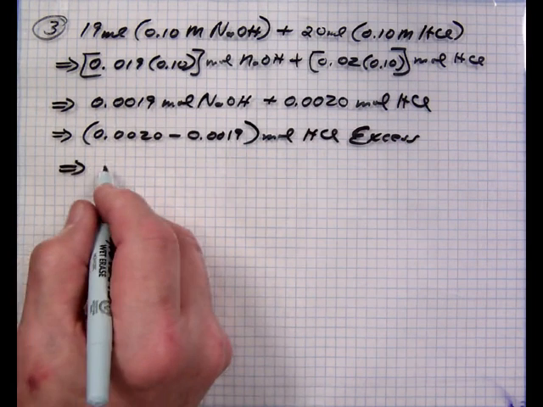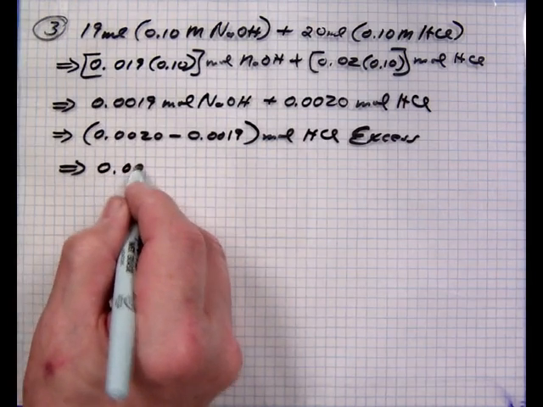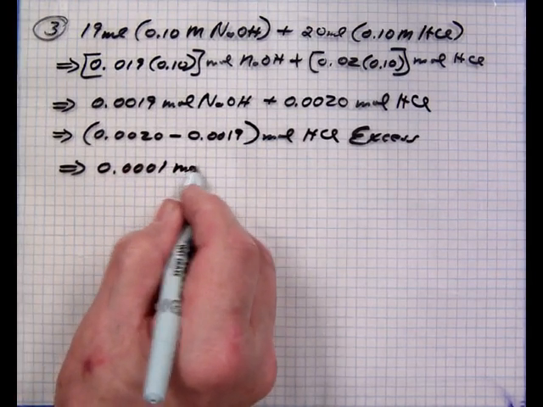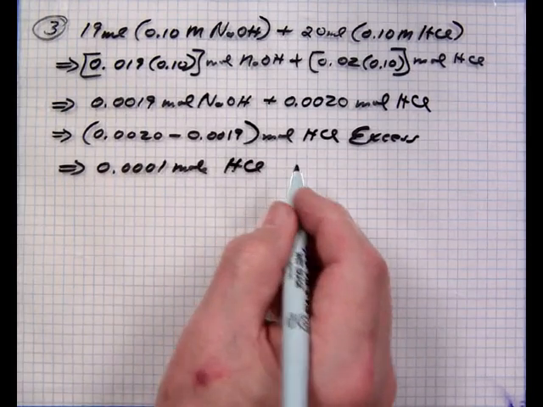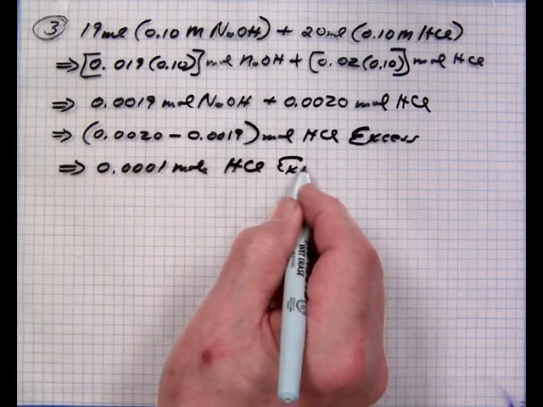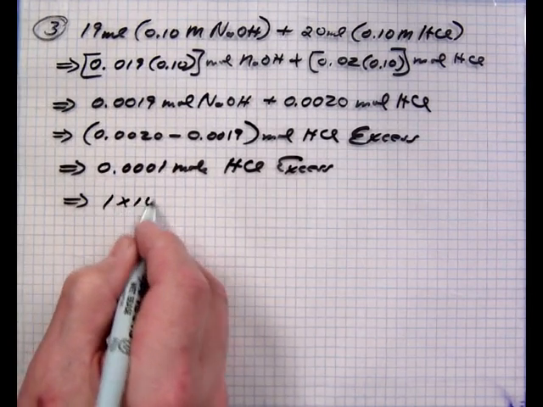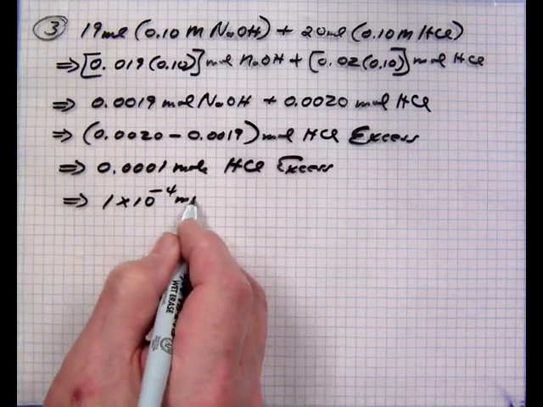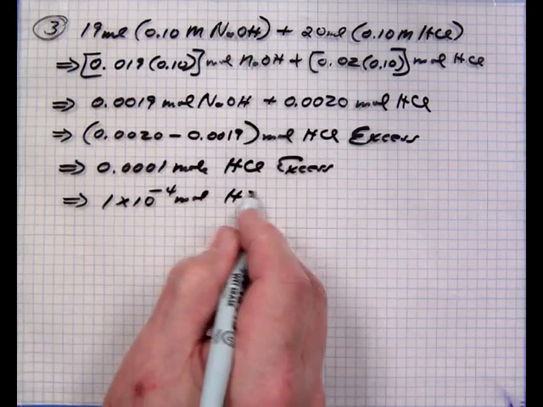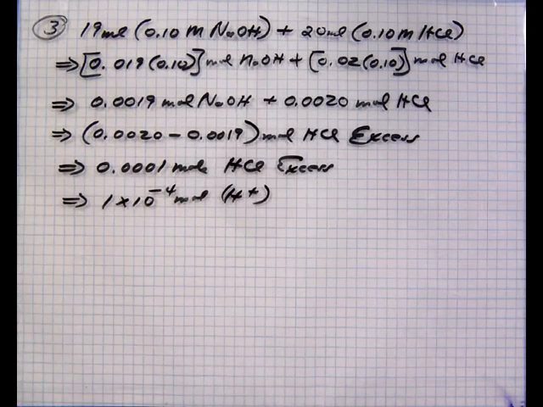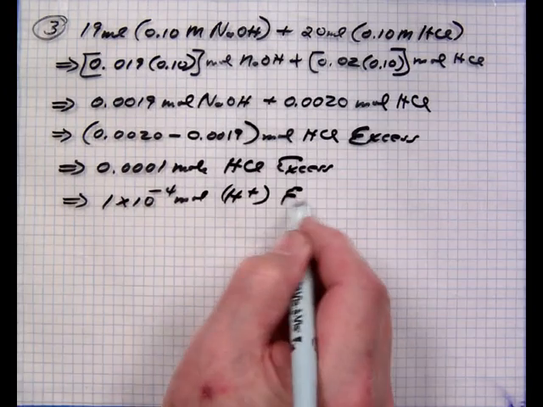So that leaves us 0.0001 mole of HCl excess, which is also 1 times 10 to the minus 4 mole of hydronium ions in excess.